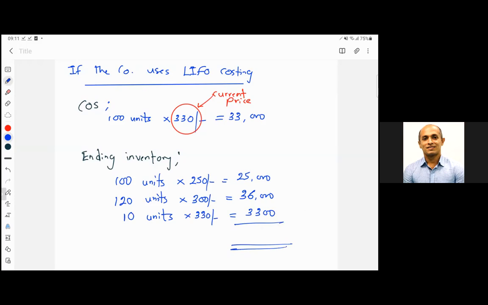Then the ending inventory value is $64,300.